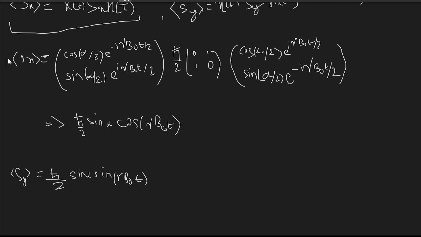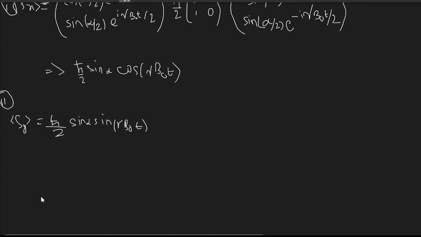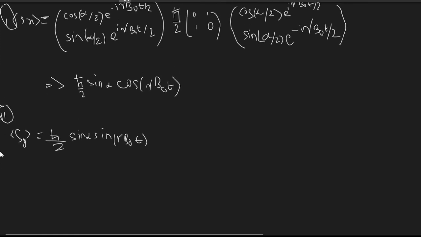So this is first for our expectation value in the x case, and expectation value in the y case is also dependent upon time. But when you do this same calculation for the Sz case, then it's different, because you will get to know that it's independent of time.